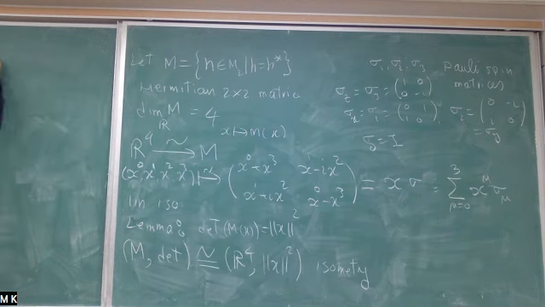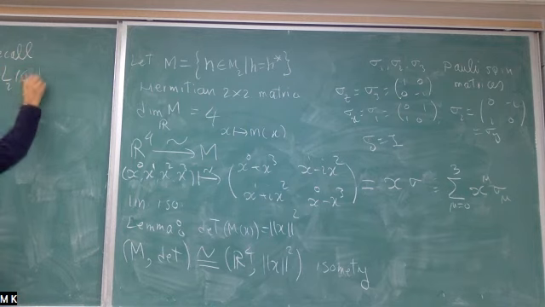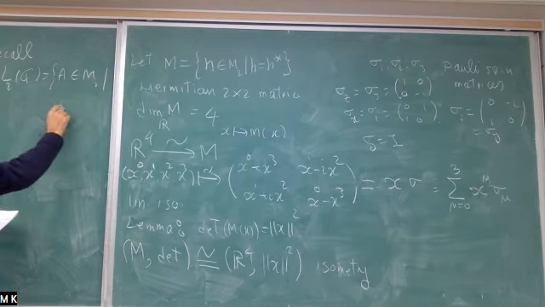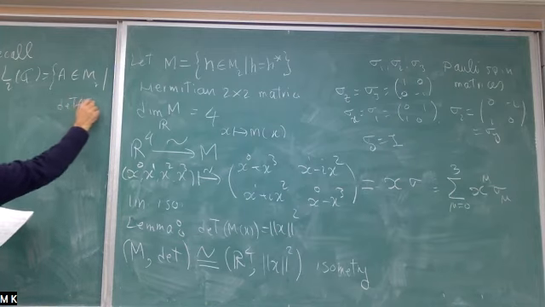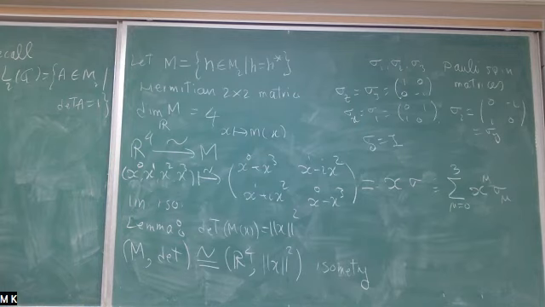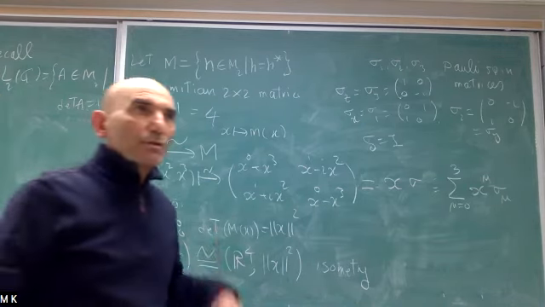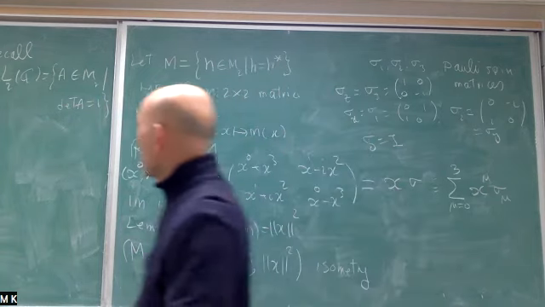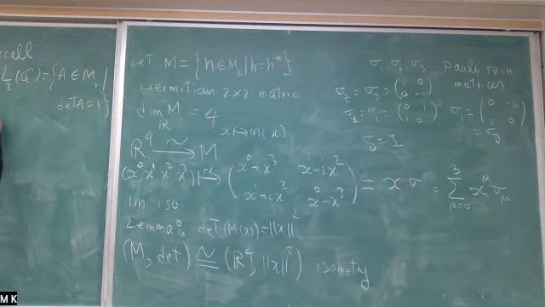So let us recall SL2C. This is the set of all complex 2x2 matrices whose determinant is 1. Now, this SL2C is a complex Lie group of complex dimension 3.